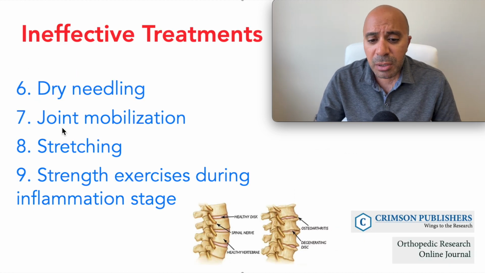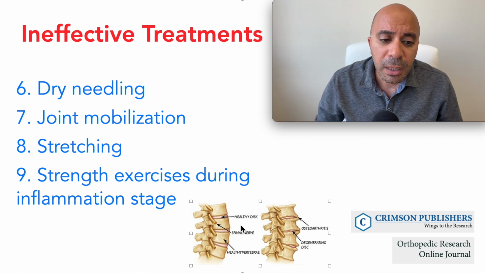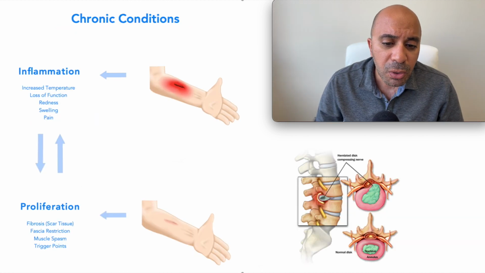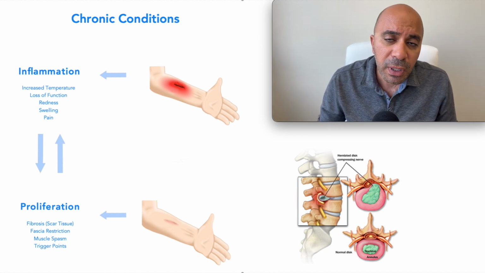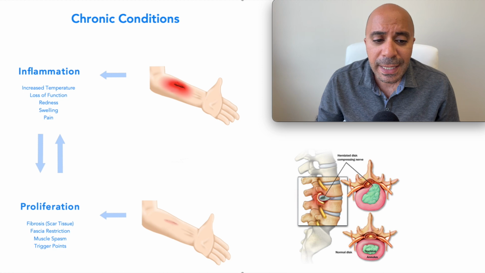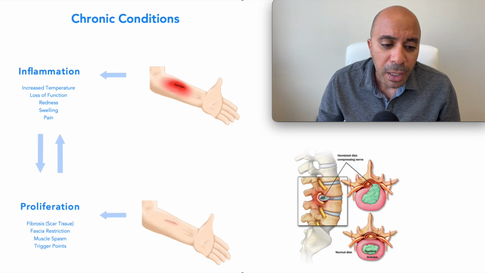The other common treatments are joint mobilization or joint adjustment, which is basically moving the joint. But the problem is inflammation and proliferation. When you move the joint, if it's inflamed, it could inflame it more, and it's not addressing any soft tissue that is actually causing the main issue.